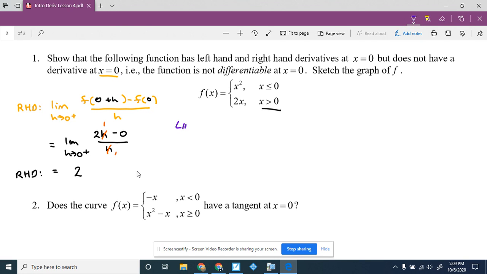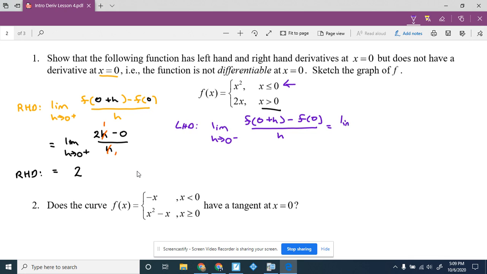So the left-hand derivative is the limit as h goes to 0 from the left. And again, the definition of derivative is f of x plus h minus f of x all over h. I specifically am interested in the derivative at 0, so I'm going to do f of 0 plus h minus f of 0 all over h. Now f of 0 plus h, if h is negative, 0 plus a negative puts me to the left of 0. We're now talking about using that branch.